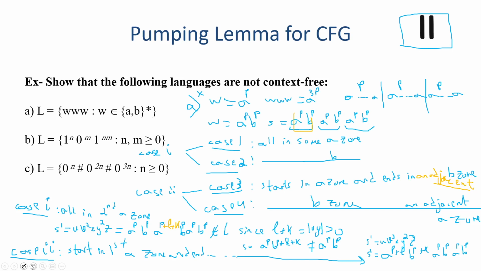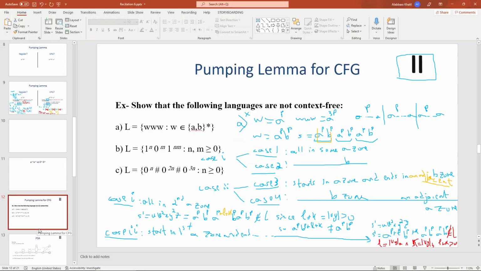However, same as before, L is how many A's I have in Vy, and K is how many B's I have in Vy, because who knows how many more subcases we get there. So this does not belong to my language, since L plus K is strictly positive. And in short, the whole thing will not be context-free because for all the cases, it just fails.